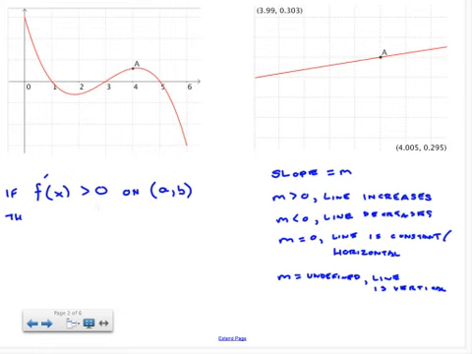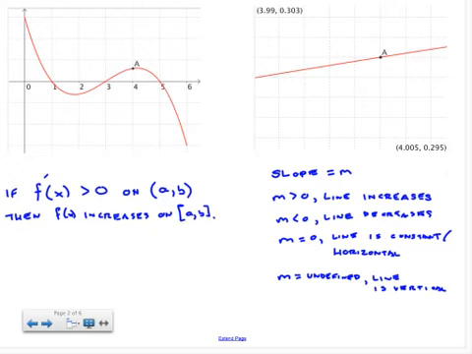So let's write then f of x should be increasing on that interval. And I'm going to include the endpoints there, and you'll see why in a second when we prove this.